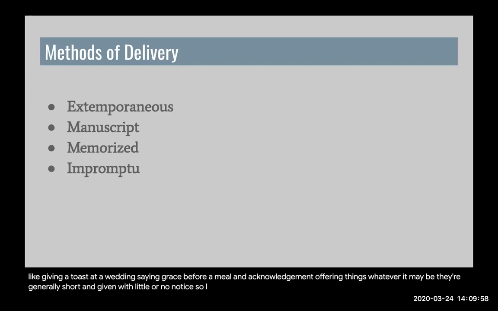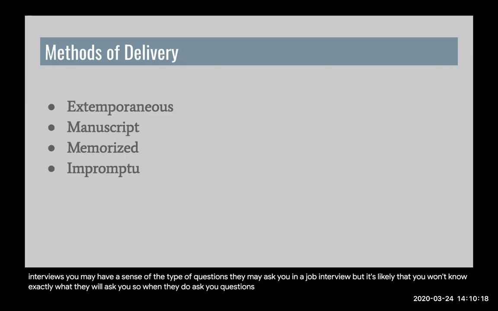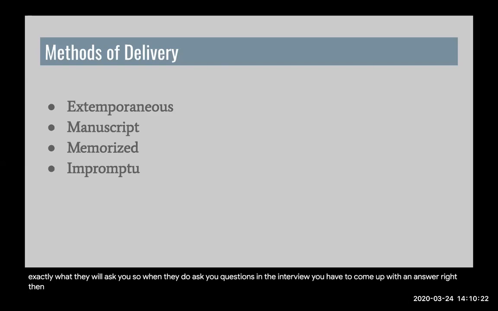I find that in our day-to-day lives, impromptu speaking is usually what we do the most, especially if we think about job interviews. You may have a sense of the type of questions they may ask you in a job interview, but it's likely that you won't know exactly what they will ask you. So when they do ask you questions in the interview, you have to come up with an answer right then and there.